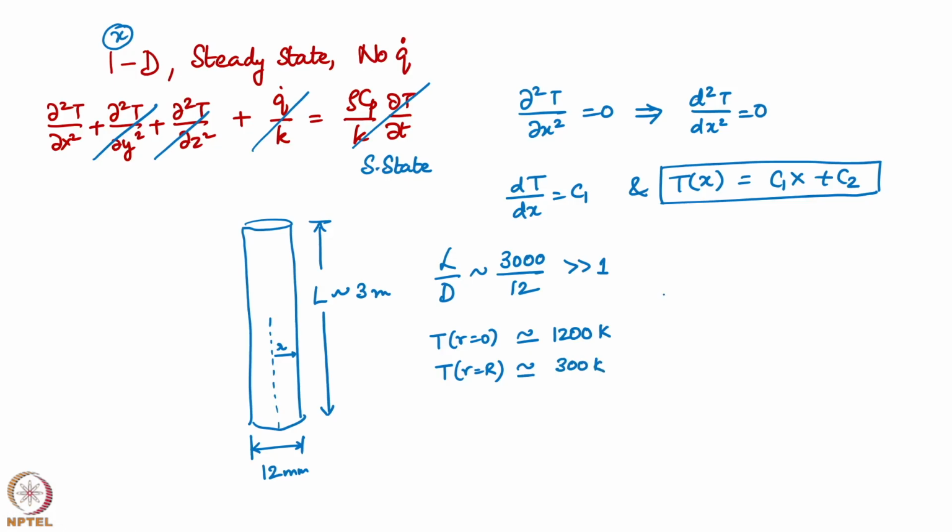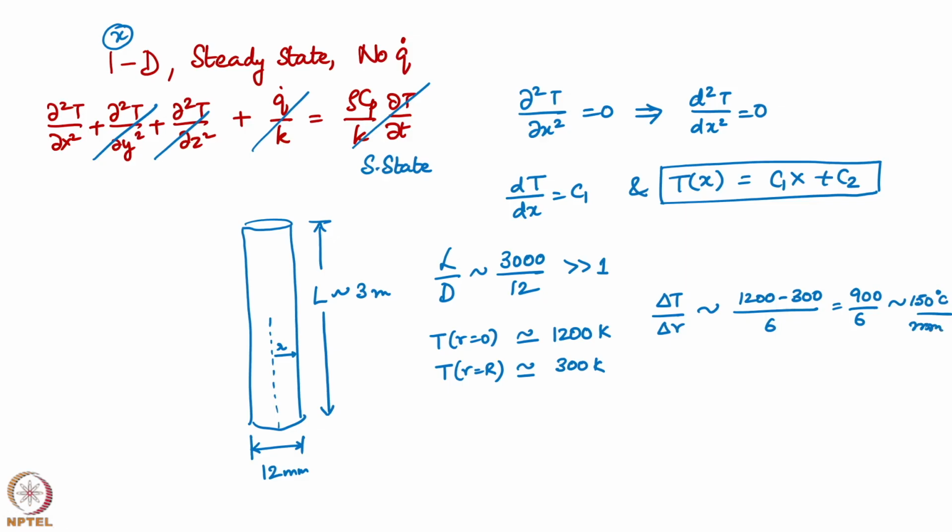So, your delta T divided by delta r is like 1200 minus 300 divided by about 6, which is 900 by 6, approximately 150 degrees C per millimeter. Okay, I am just giving you a ballpark number.